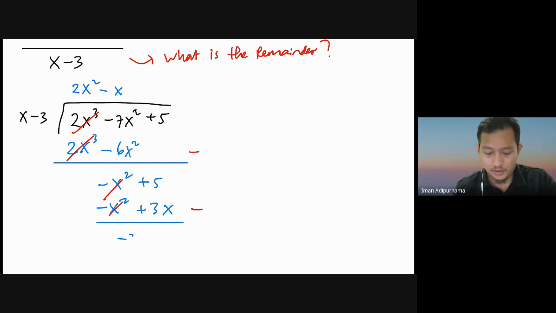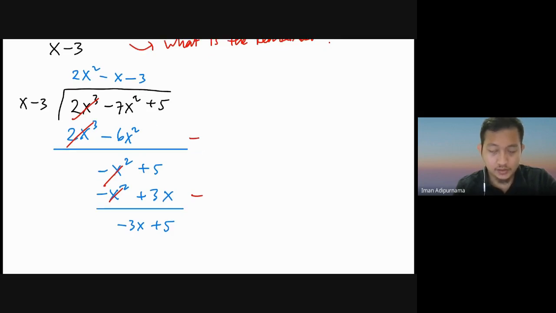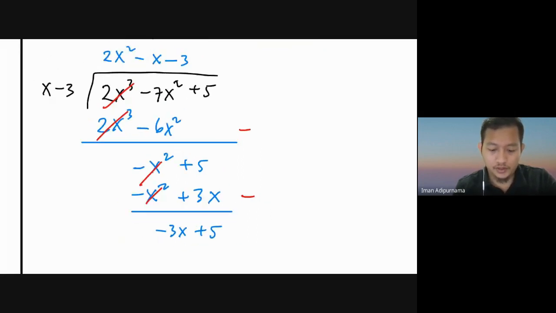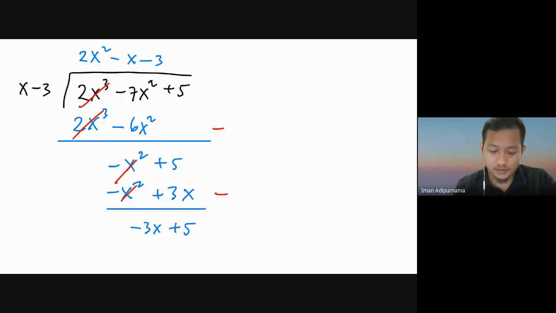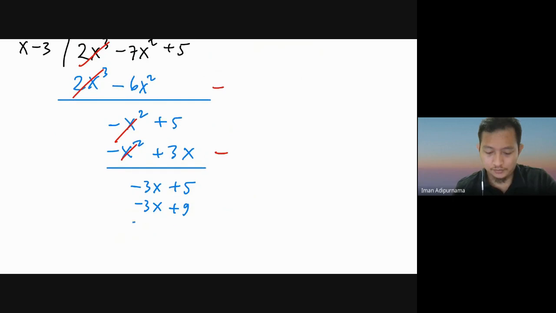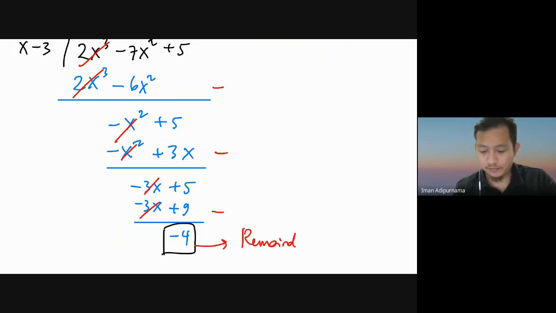So we'll have minus 3x plus 5. And we're still not finished yet. We can still have this x the same degree, right? We can still cancel that out. This is negative 3x plus 9. So we will have minus 4. And this will be our remainder.